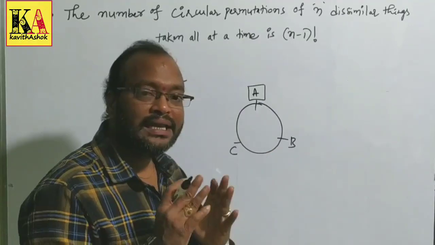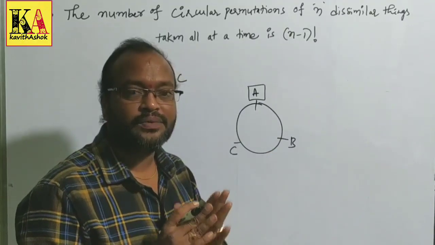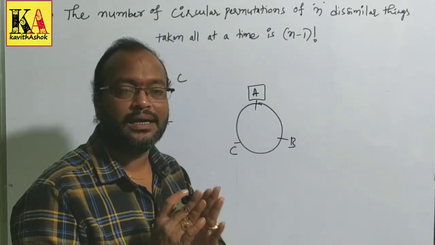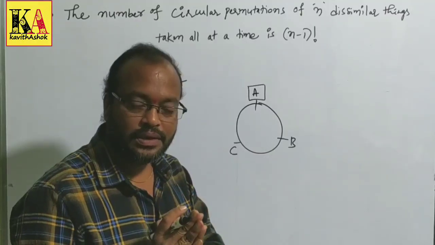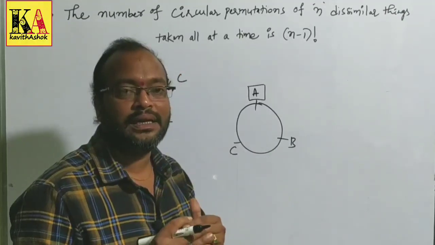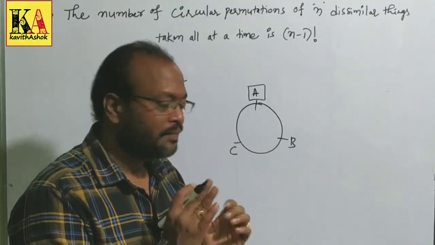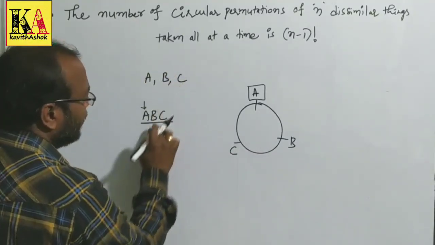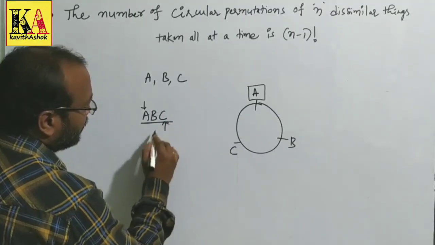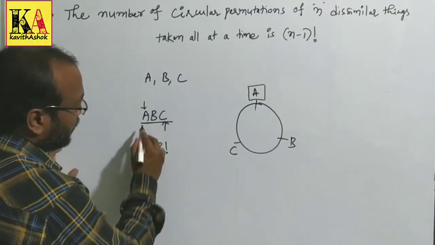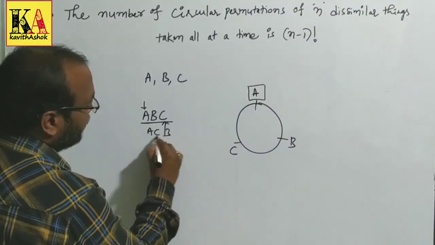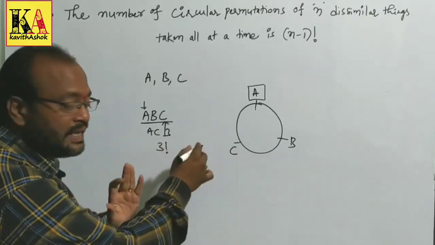Once again, in a circular permutation we don't have any starting and ending position, so we consider any one position as the starting position. If three elements are there in a linear arrangement, we can arrange them in 3 factorial ways: ABC, ACB, BAC, BCA, like that.